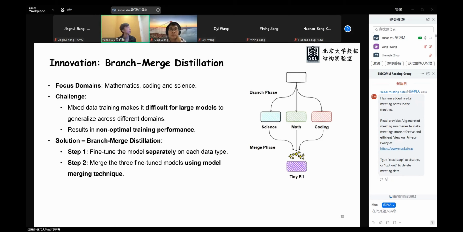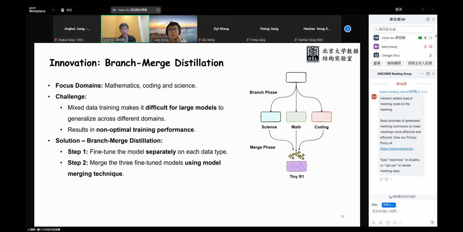In this phase, we focus on three key domains: math, coding, and science. One challenge in training large language models is dealing with mixed data.